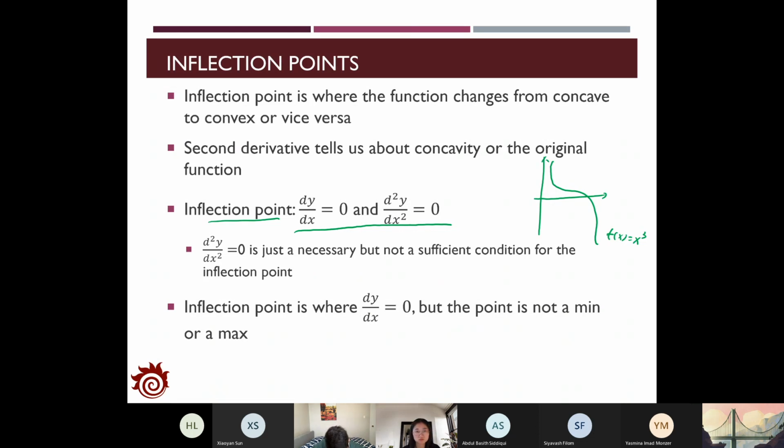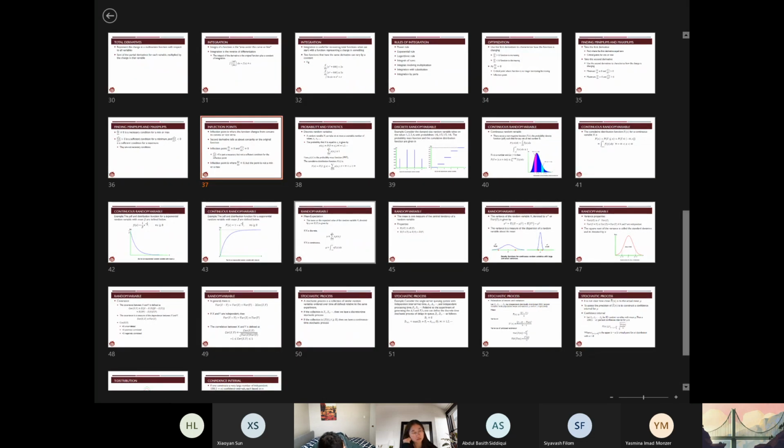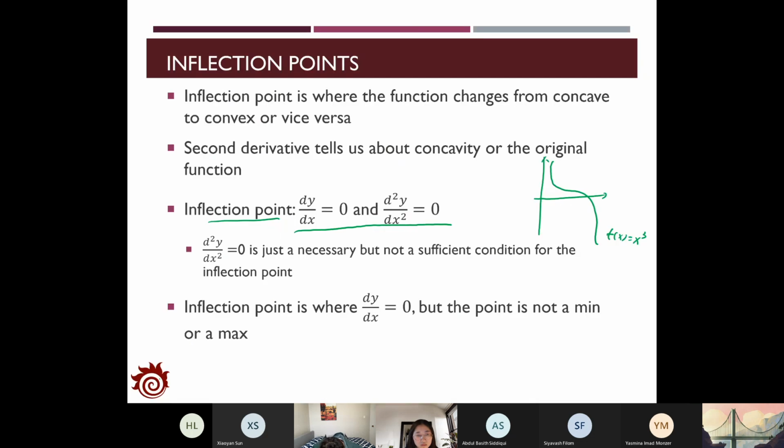At the inflection point, it just tells you how the trend of the slope is changing over time, but it does not give you the maximum or minimum value. It's just a turning point.